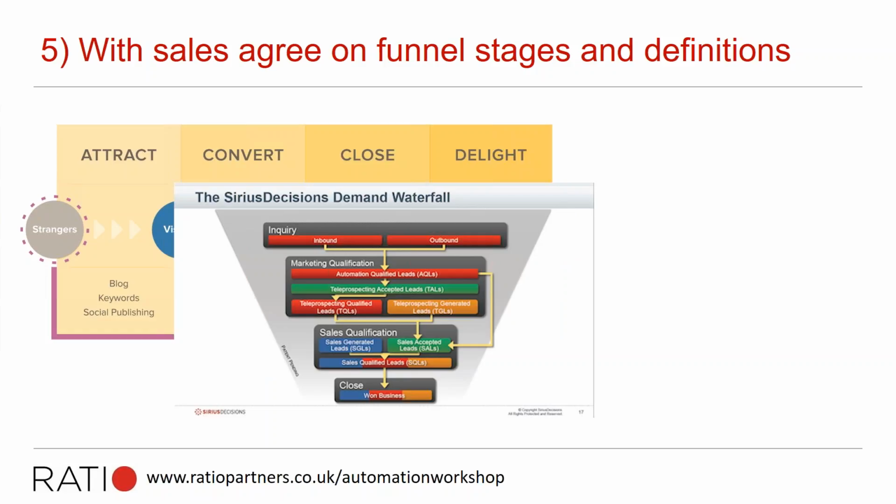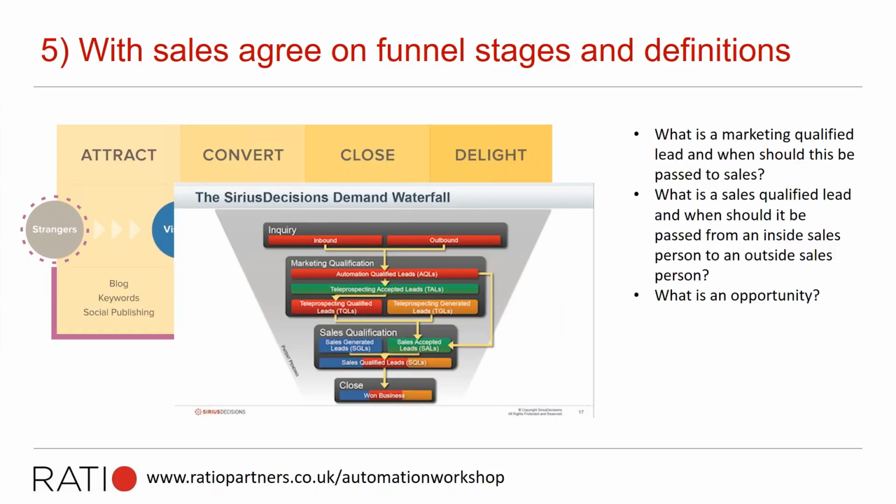I think the serious decisions demand waterfall. It's something that's adopted by a lot of organizations. But it's important to work with sales to identify what are the key stages within the funnel. What do those stages look like? And to define the definitions. With a lot of organizations, what is a marketing qualified lead? And when should this be passed to sales?